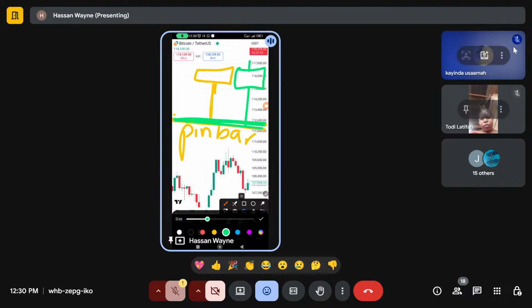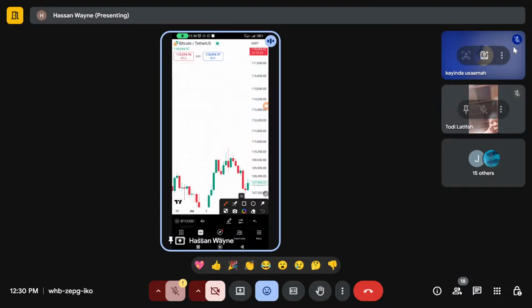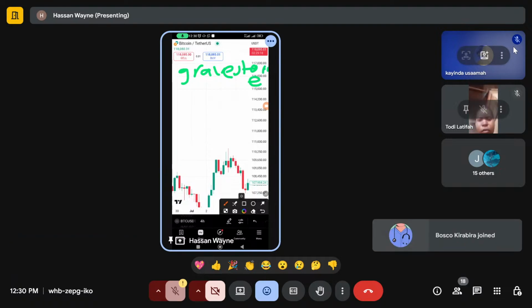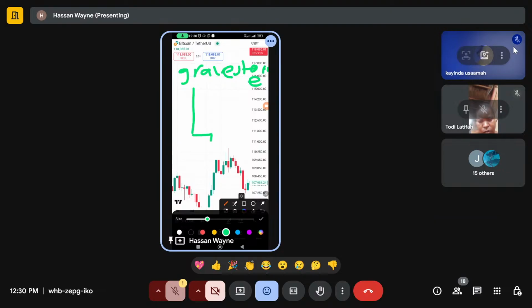And when it comes to a gravestone, it is good to trade it at resistance. We find a gravestone when it has no wick at the bottom.